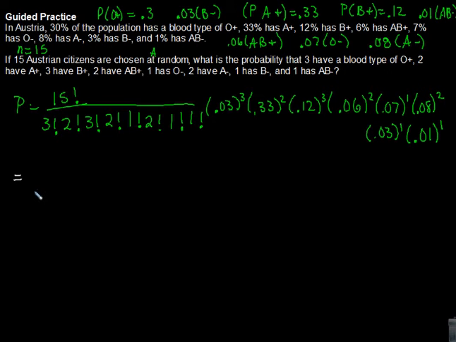Okay. Okay, 15 factorial is this big old number. And then my denominator, I'm going to take the 1's out because 1 times anything is just 1. So I get 6 times 2 times 6 times 2 times 2.